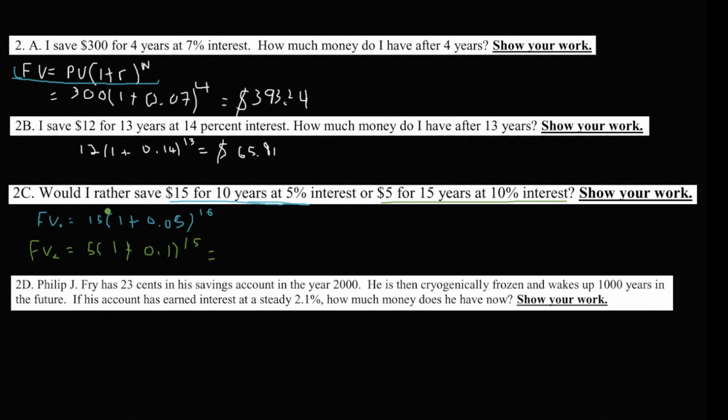And then we will see which one is the highest. Let me go calculate these. So make your predictions if you didn't calculate this yourself. All right, this first one is $24 and 43 cents. And this other one is $20 and 89 cents.